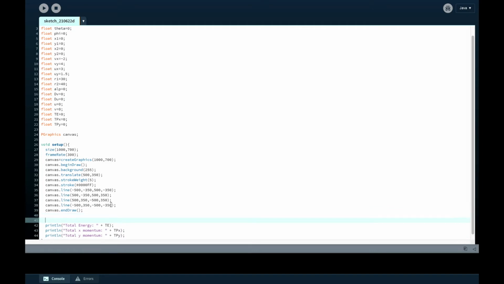And here I'm going to have to calculate these values. So te, the total energy of a system. We know there's only kinetic energy here, so it's 0.5 times mass times velocity squared. So v squared is going to be equal to vx squared plus vy squared.